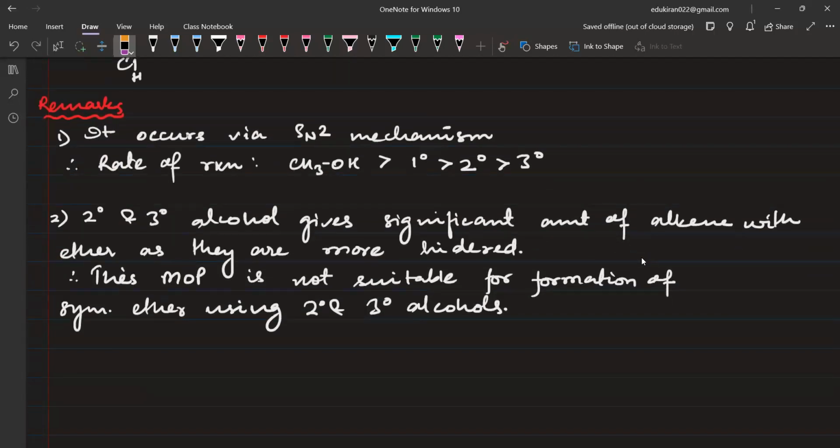Another point regarding this method of preparation is, please write with me.